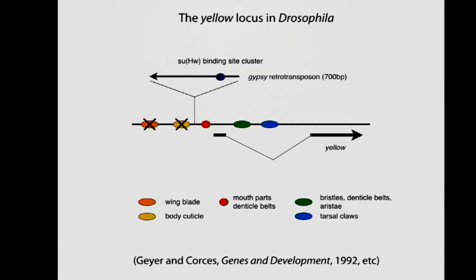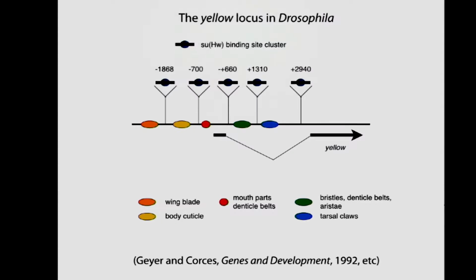There's a lot of biochemistry that needed to happen here, but eventually the binding site for this protein was figured out, and it turns out this gypsy retrotransposon contains a cluster of, I believe, 12 binding sites for suppressor of hairy wing. So the inference here is that suppressor of hairy wing binding to the site is somehow blocking these 2 enhancers from influencing the corresponding transcriptional unit.